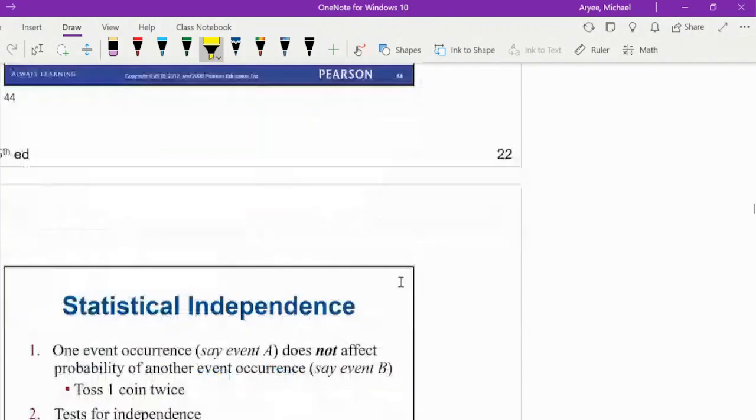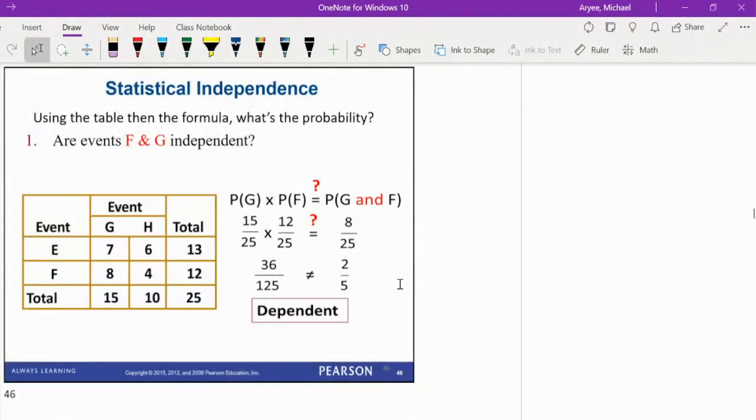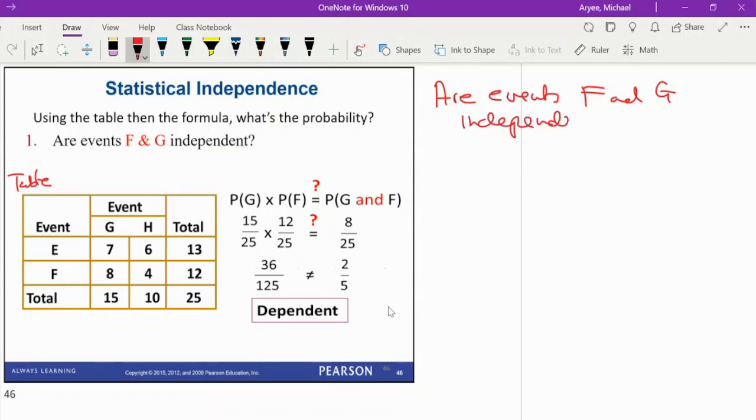Okay. Now, suppose I give you a small crosstab table like this, and I ask you the question: are events F and G independent? What do you have to do?